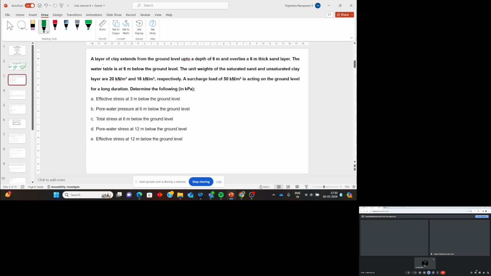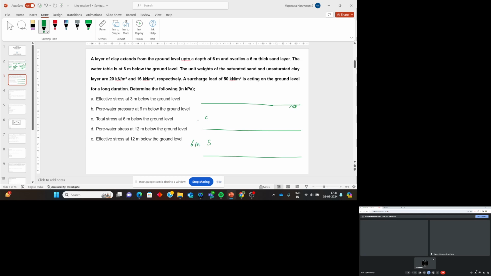First let us draw the layers of the soil that are given. Now this is the ground level. What they have given is a layer of clay extends from the ground level up to a depth of 6 meters and overlies a thick sand layer. So this will be clay, this will be sand, because the layer of clay overlies the sand layer.